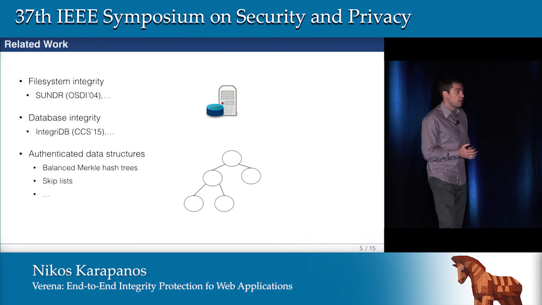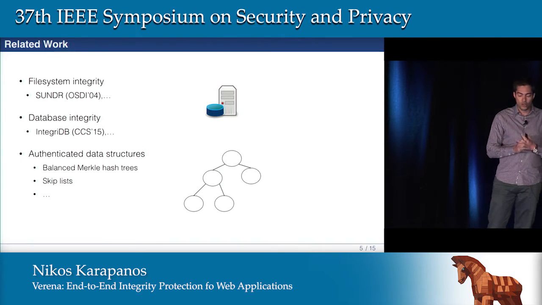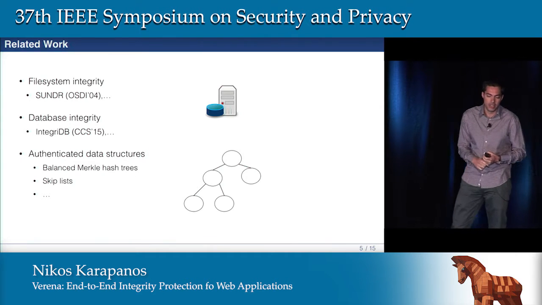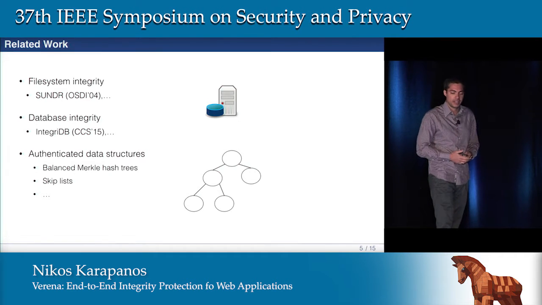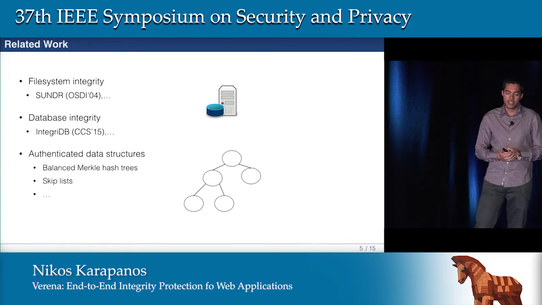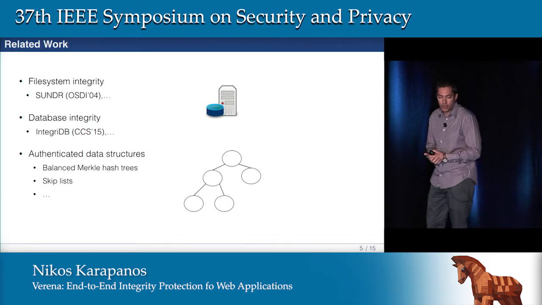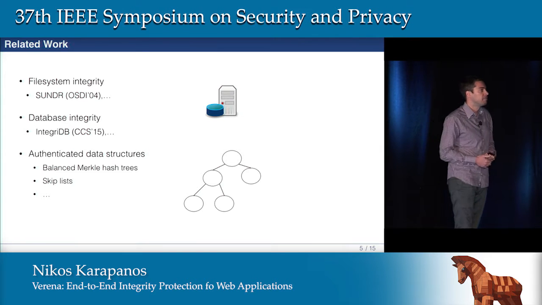Actually, our security community has acknowledged this problem, and there is a lot of work in this field. Just to name a couple, there has been work on file system integrity; SUNDR is a very good and known example of this, back in 2004. Database integrity, a recent paper called IntegriDB, but many other works before this in this field.